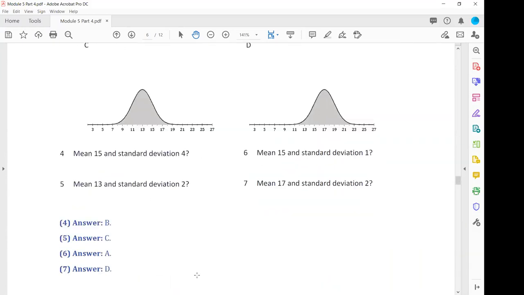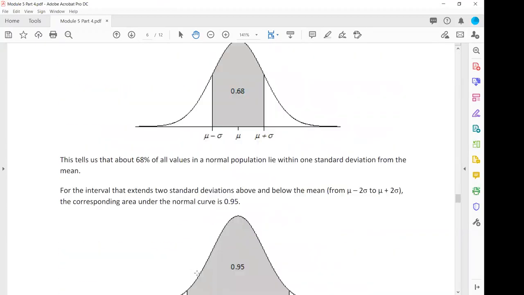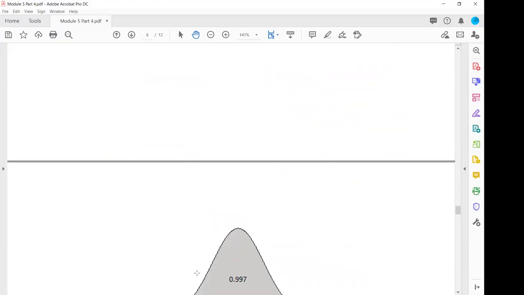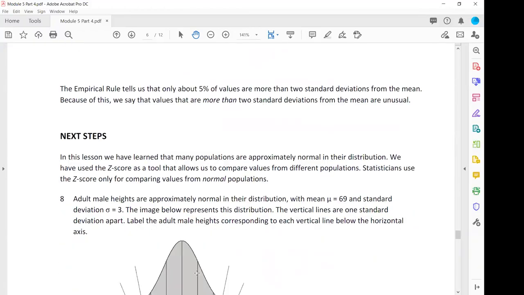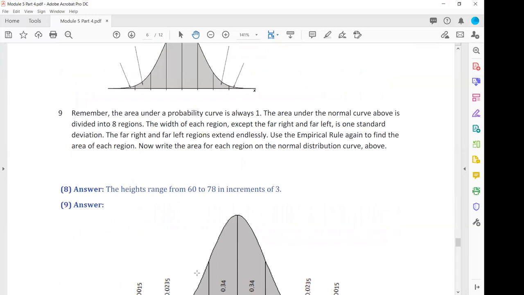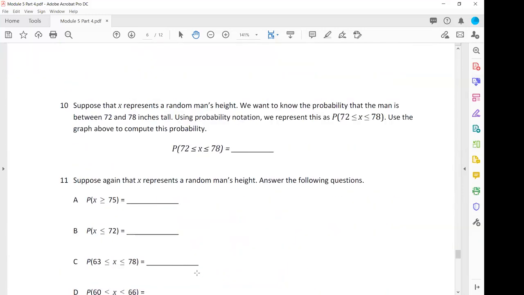Okay, let me go over one example for probabilities for you. So this is our empirical rule. We discussed the empirical rule at the beginning of the class. So in example 10, suppose X represents a random man's height.